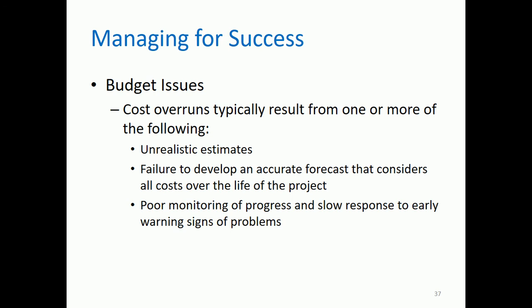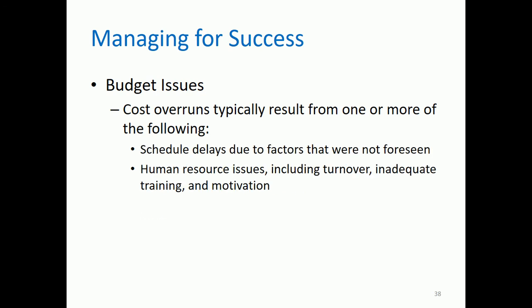And then poor monitoring of progress and slow response to early warning signs of problems. Again, it's very important to report the problem and solve it immediately so that it will not affect the budget, because you will be over budget for the development of the information system.